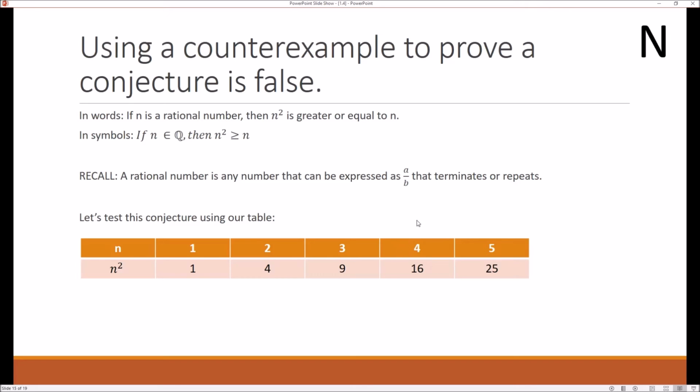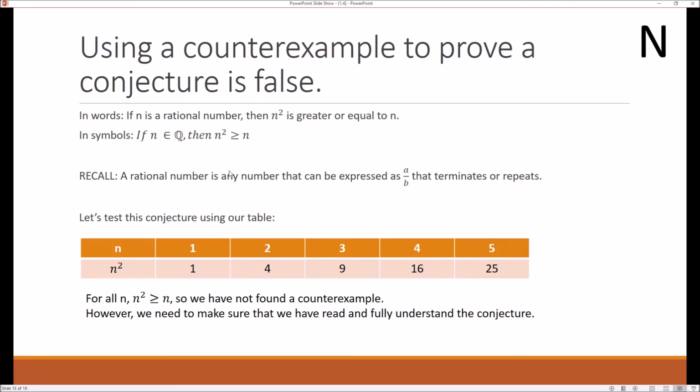But in a section of this topic where it says use a counterexample, of course there's going to be a catch. So we still haven't found our counterexample, but we do need to really look at this conjecture in full. So far we've only tested natural numbers. A natural number is any number that you can count on your fingers, starting at 1, 2, 3, 4, 5, all the way to infinity.